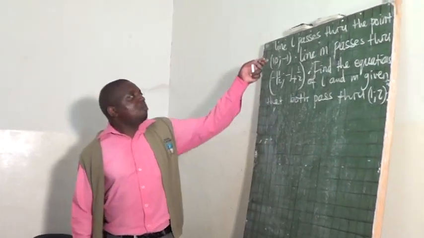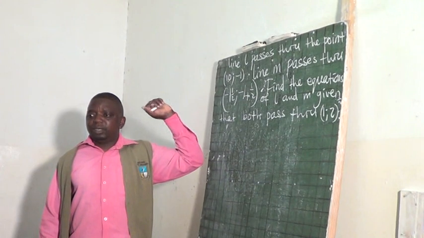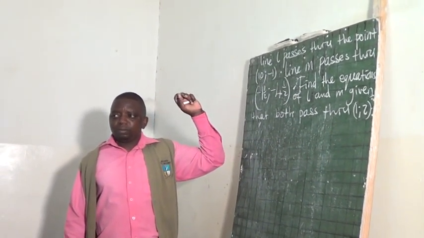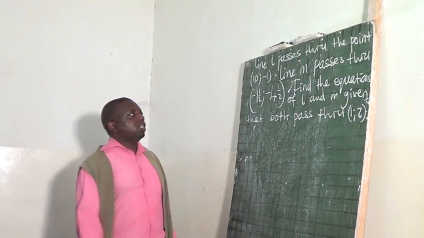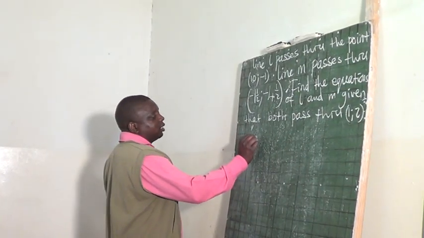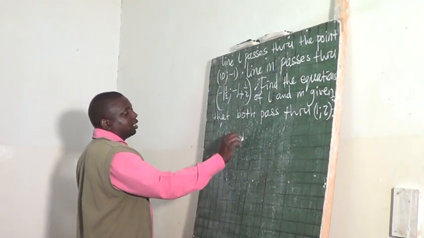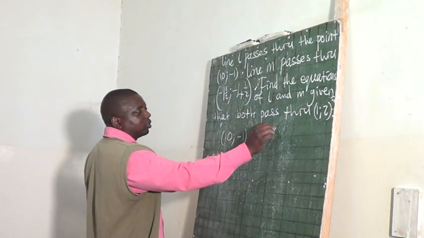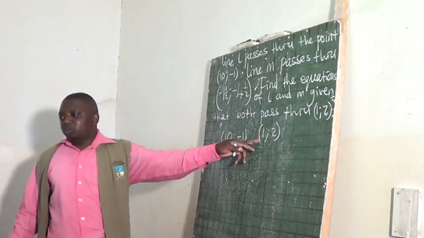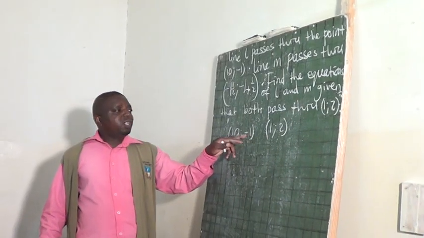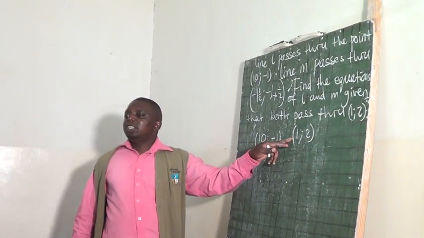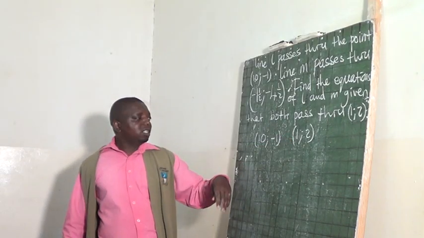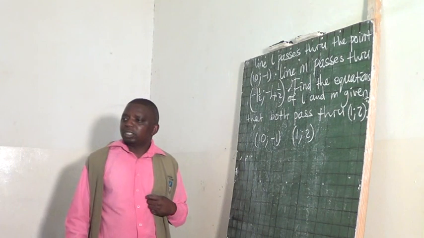But how many points of line L are you given? 2 points. 10, minus 1 and 1, 2. These are the given points. With these 2 points, you can find the gradient. You can find the gradient with the 2 given what? Points.